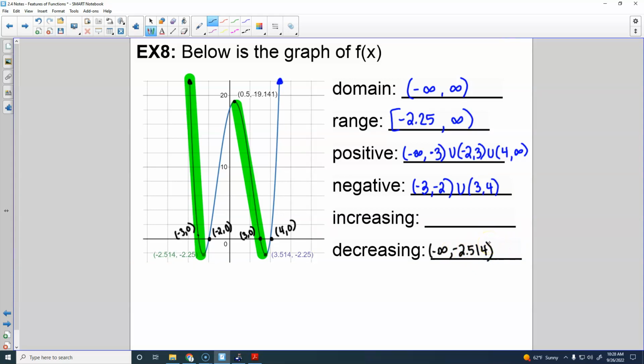And there is some debate on whether or not to use parentheses or brackets at the maximum or minimums here. This is one that in calculus, basically the AP exam will just accept either one. Some argue that you are decreasing at that point because it is less than the point that was before it.